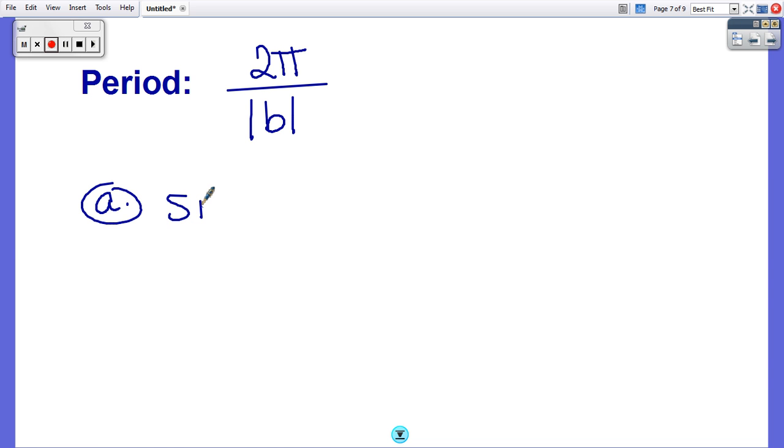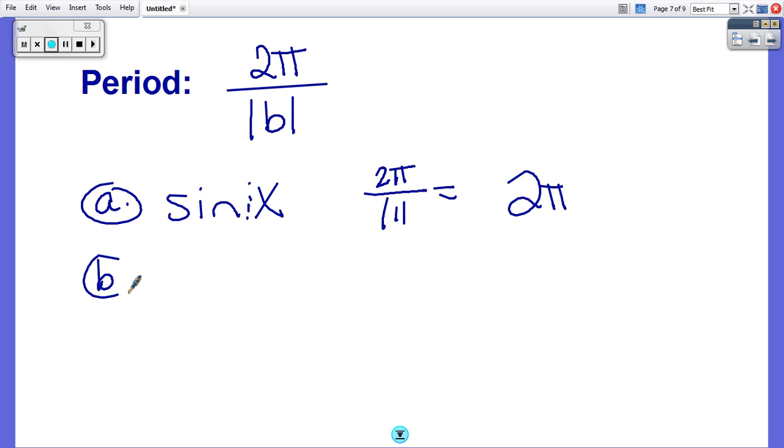The period of sine of x, or cosine of x, doesn't matter, is 2 pi divided by the absolute value of b. And remember, b is the coefficient of x. So since there's nothing there, we know there's really an invisible 1. The absolute value of 1, that's the same as 2 pi. So sine has a period of 2 pi. Cosine happens to have the same period.